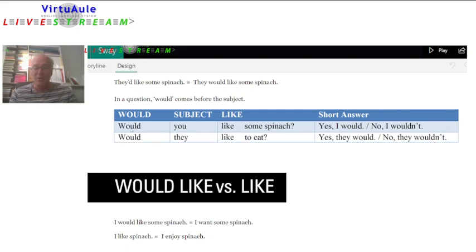We have an auxiliary, would, subject, you, and the verb in the infinitive form, like. Would you like some spinach? I remind you, this is the question form: the question word, auxiliary, subject, infinitive. That's the order of the questions.